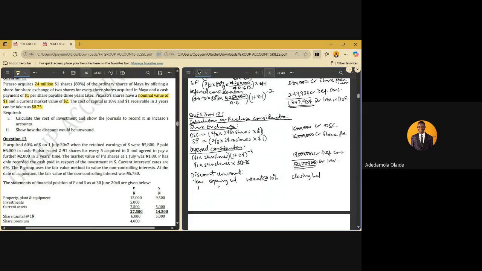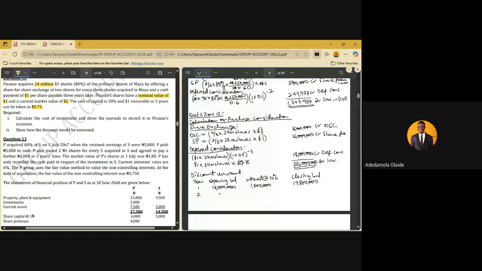So in year one, the opening balance will be the 18 million. Interest at 10% will be 1.8 million. And that will make the figure 19,800,000.